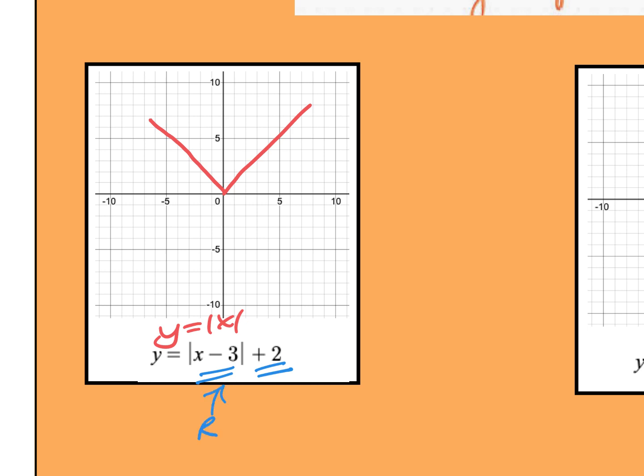Right, how far? And then? Everybody do that. Now, I don't have that tool. I'm using something called Explain Everything, and I really wish they had that tool, but they don't. So I have to redraw this thing up 3 and right 2. But that's not that hard. I take the pointy end of the V and I just move it here.